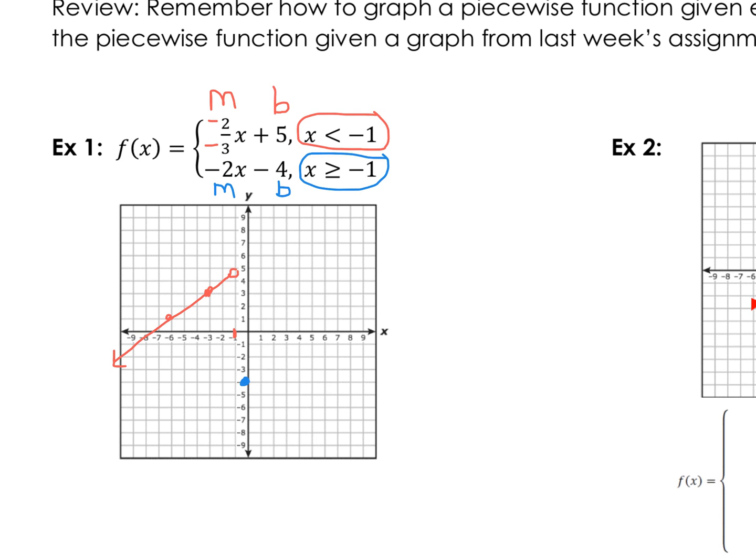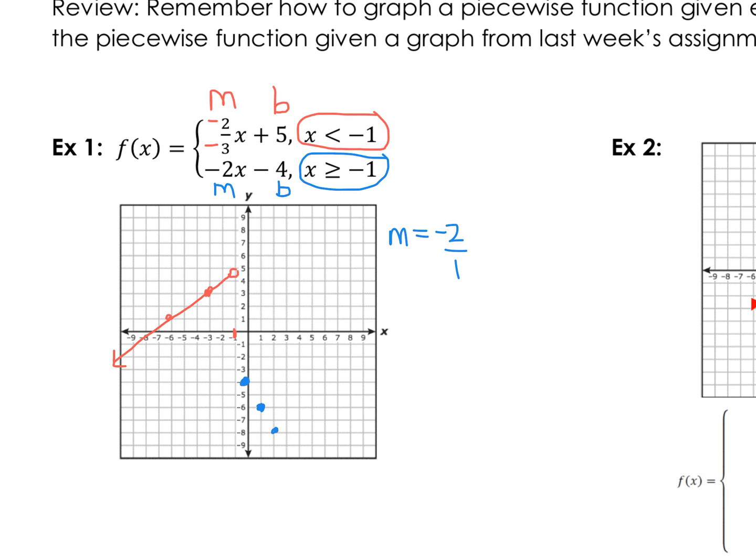Then, because my slope is -2, that's -2 over 1. So I'm going to have to go down 2 and to the right 1, and so my point would be here. Then I go down 2 and to the right 1 again, my point is here.